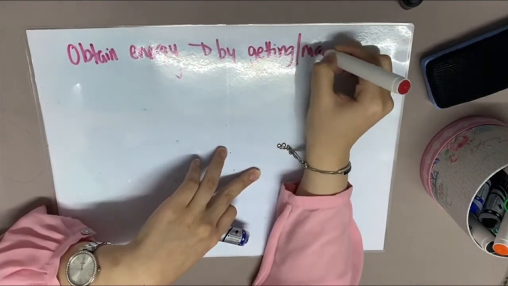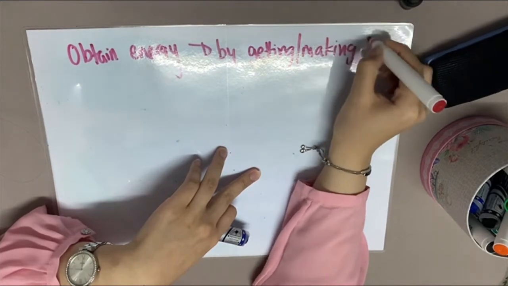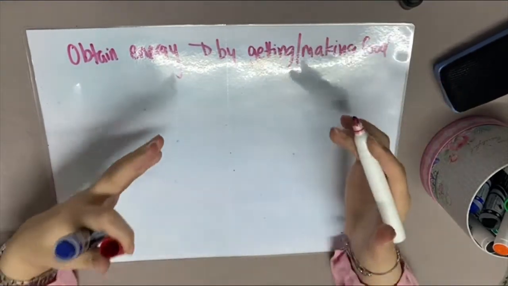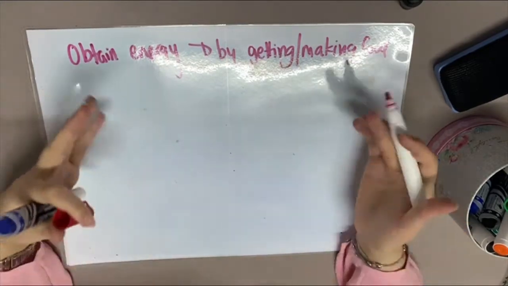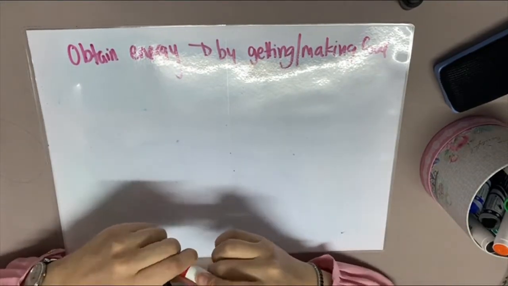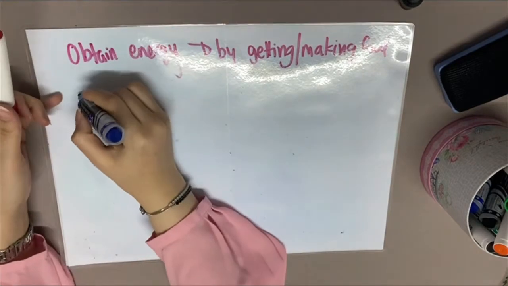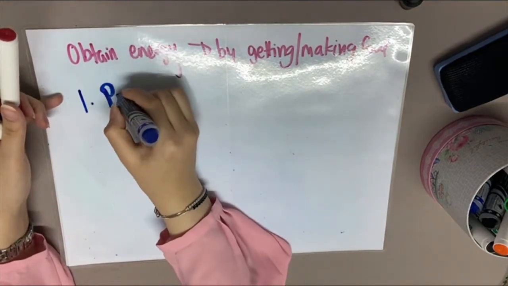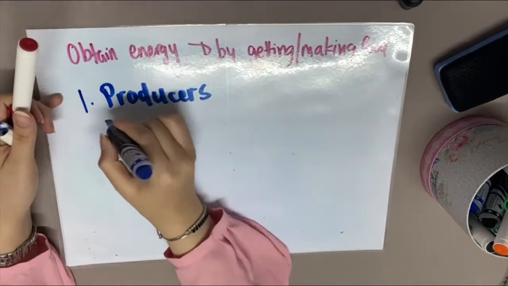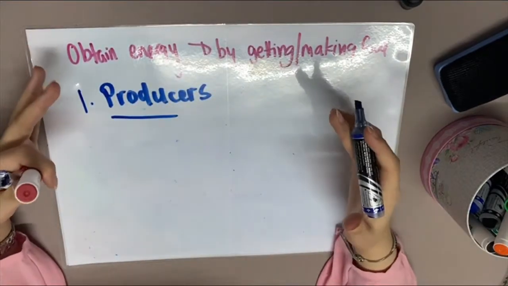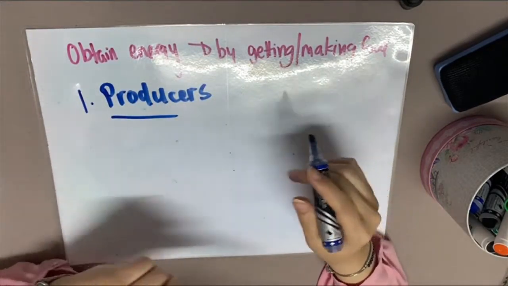Or making food. Let's make it a bit broad. Okay, so there are two types of organisms based on how they obtain their food. The two types of organisms are, first of all, producers. Producers are very simple. And the other kind are consumers.